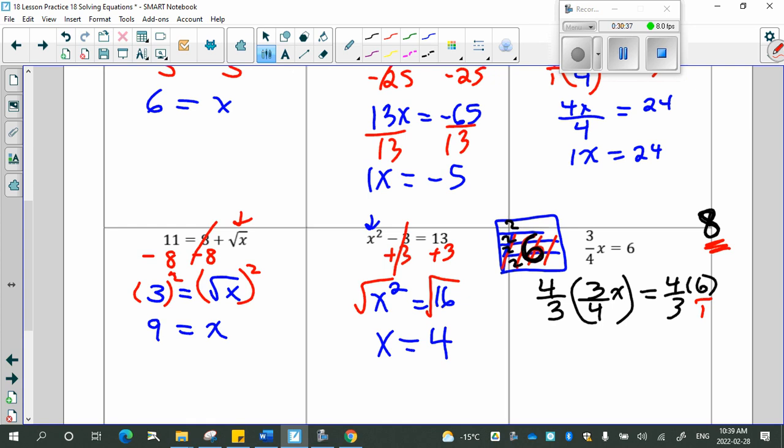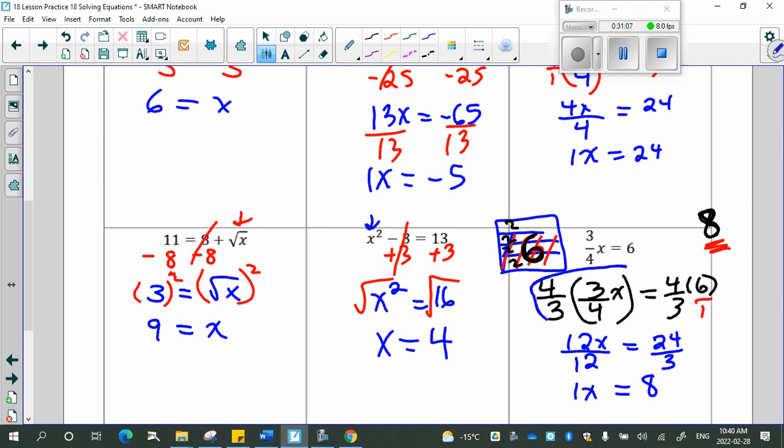Okay? So we get our 12x over 12, which we know is 1x. That's what we want. 4 times 6 is 24 if I multiply the tops together. And if I multiply the bottoms together, I get 3. And I know this is 1x, because 12 divided by 12 is 1. And then I'm going to check what's 24 divided by 3? 8, which is what we reasoned through that it should be, right, with our picture.